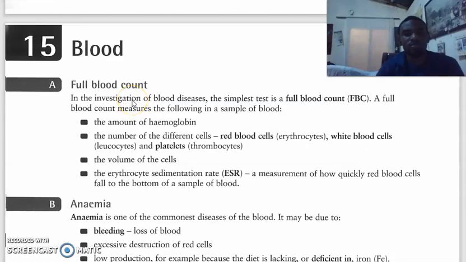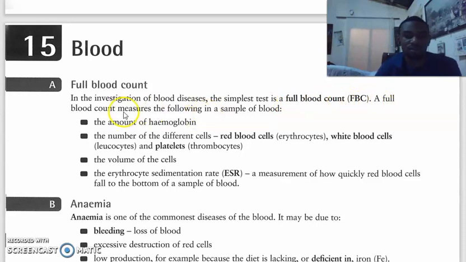Unit 15. Blood. A. Full blood count. In the investigation of blood disease, the simplest test is a full blood count, FBC.